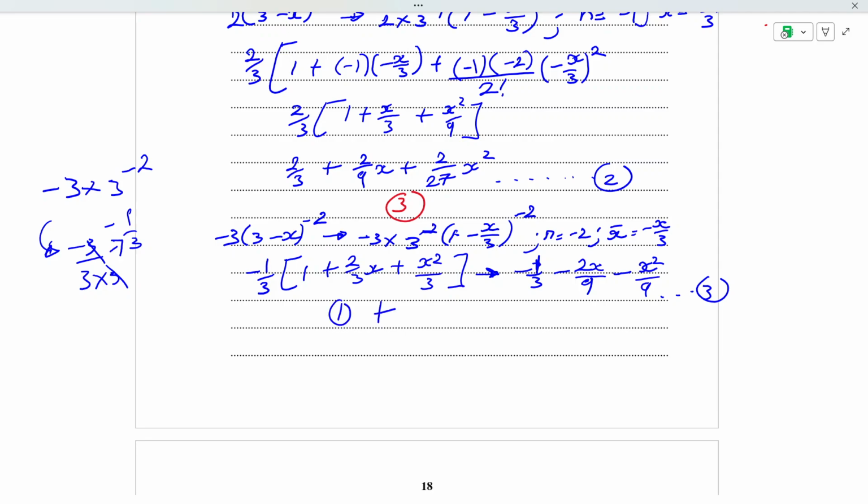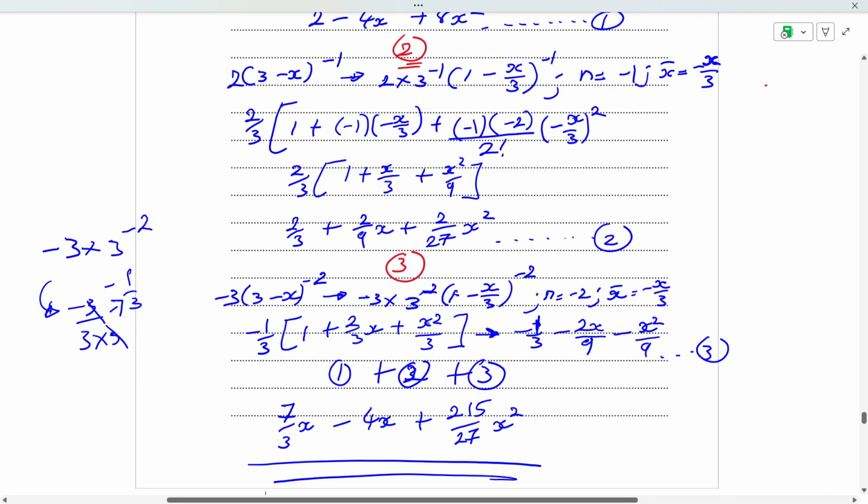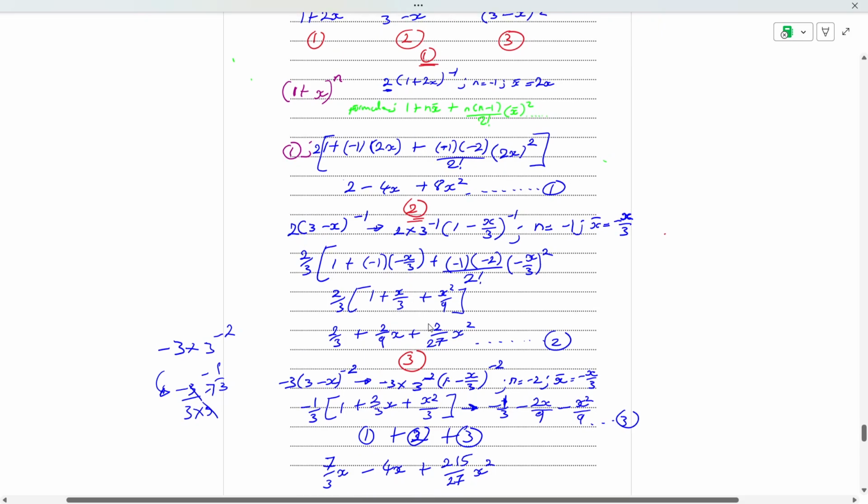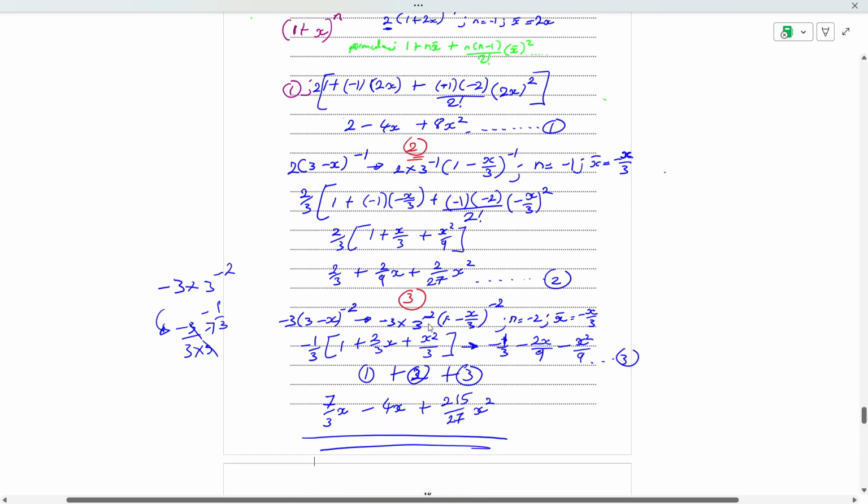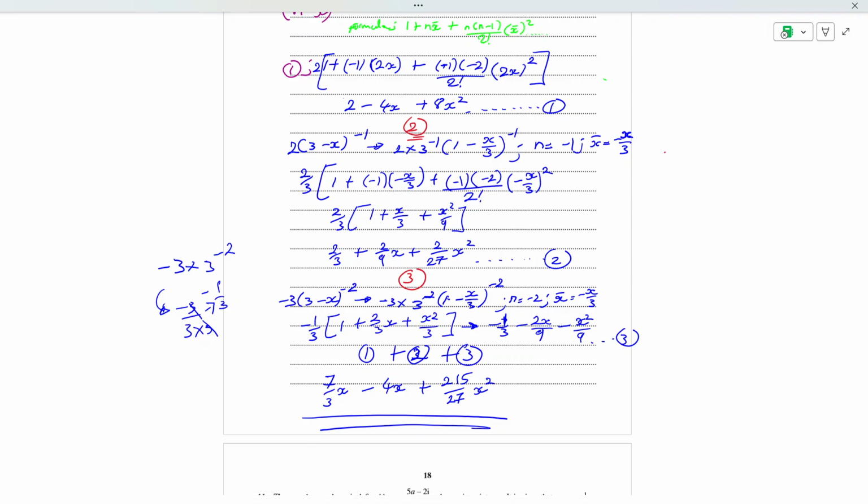Then what you want to do is add them. When you do the addition, you would have 7 over 3 minus 4x plus 215 over 27 x squared. Remember, you're just plugging this into the calculator. So in your calculator, you're saying 2 plus 3 over 2 minus 1 over 3, and then you get 7 over 3.